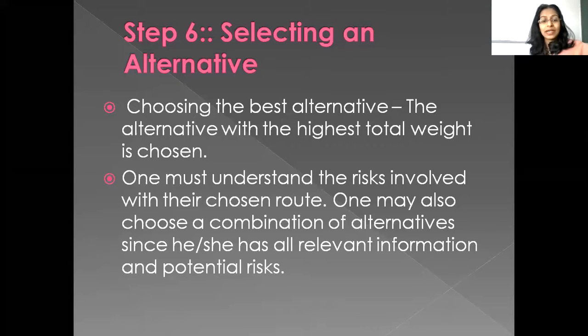So you go and tell them, this was the problem, this is the solution I have come up with, and now we will implement this. You are declaring it, informing others. The alternative which had the highest total weightage, that is the maximum positive aspects, has been selected.